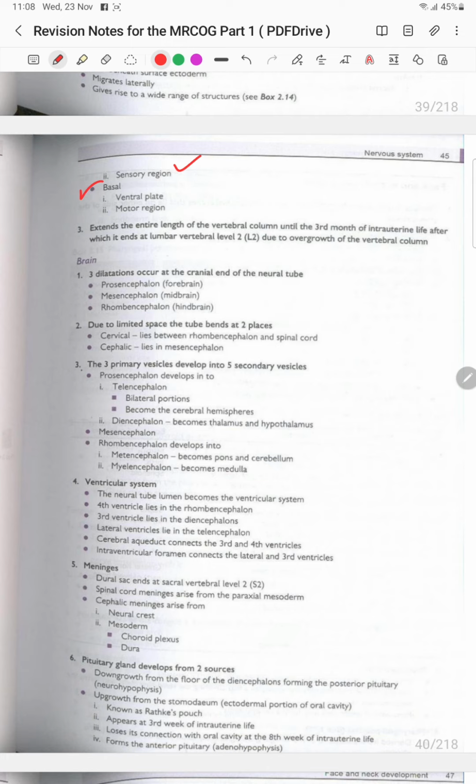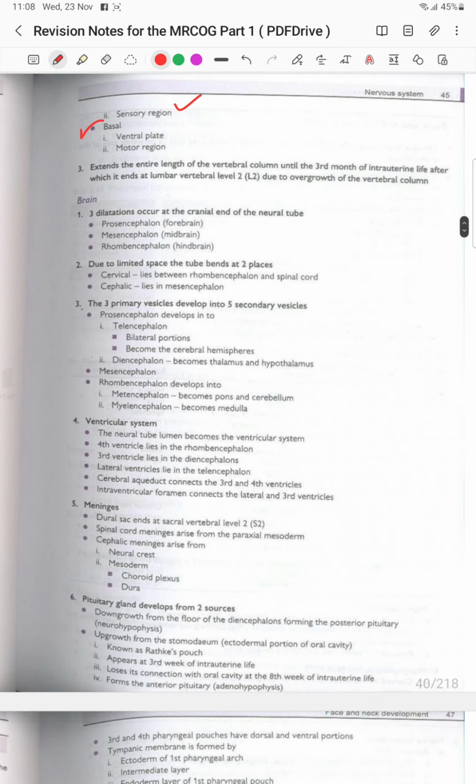It extends the entire length of the vertebral column until the third month of intrauterine life, after which it ends at the lumbar vertebral level L2 due to the overgrowth of the vertebral column.